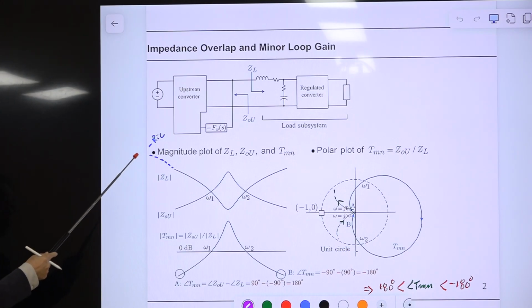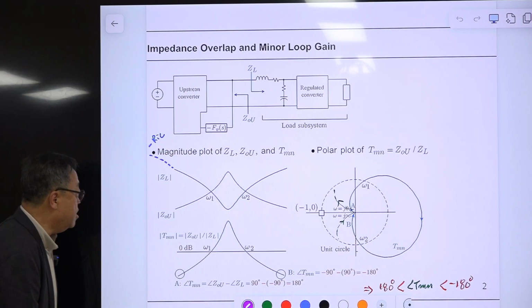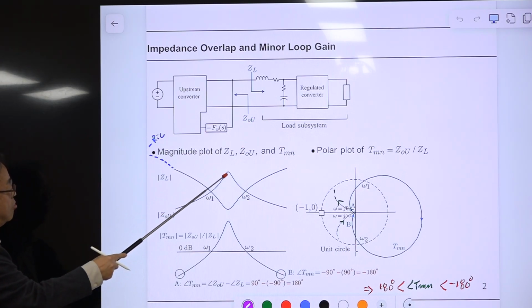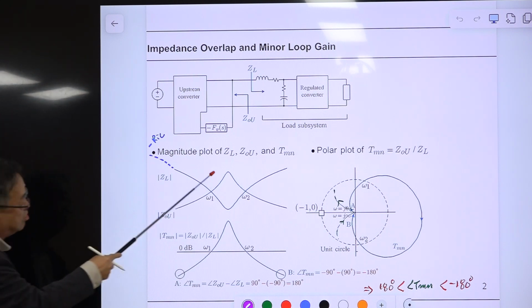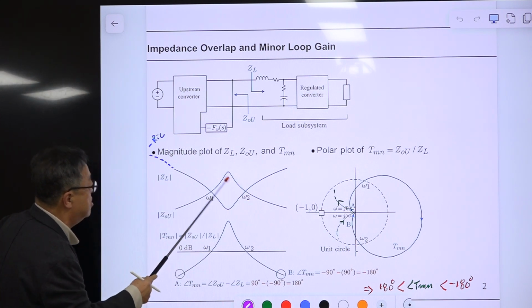So this shows the negative resistance characteristic at low frequency. But overlap usually occurs here in the middle. And this is the output impedance of this upstream converter.